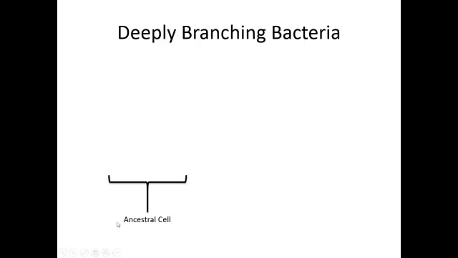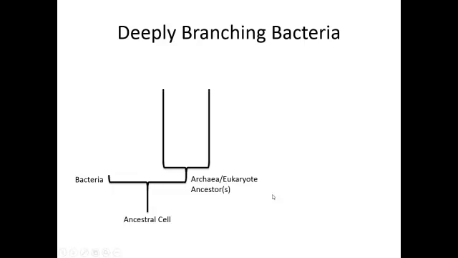Eventually, this ancestral cell split into 2 populations: the bacteria and the ancestors of the archaea and the eukaryotes. Now, eventually, the archaea and the eukaryotes split into 2 different groups. They became different enough that they have their own domains. Now, bacteria did not remain static. They also changed over time.